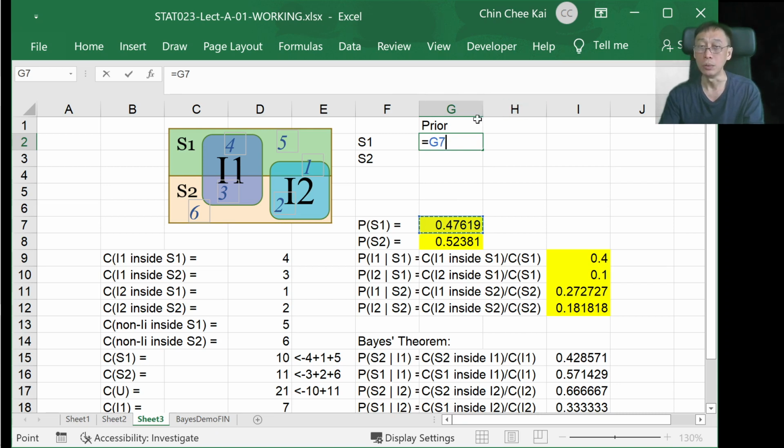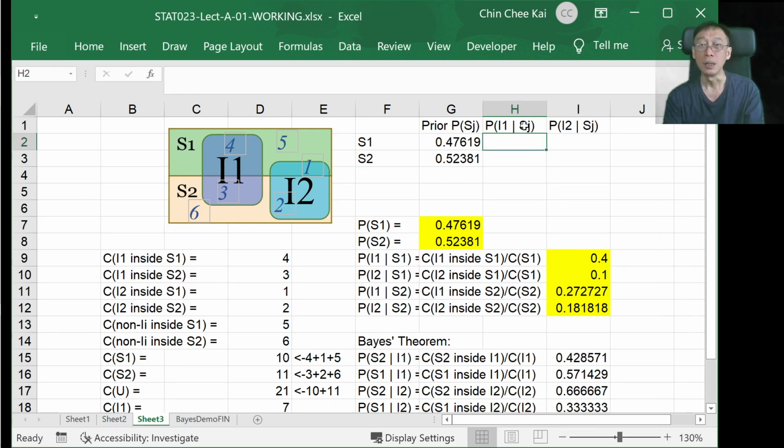So we can put prior here, P of Si, Sj. And again, we can copy it from here. Then we have P of I1 given Sj. P of I2 given Sj.